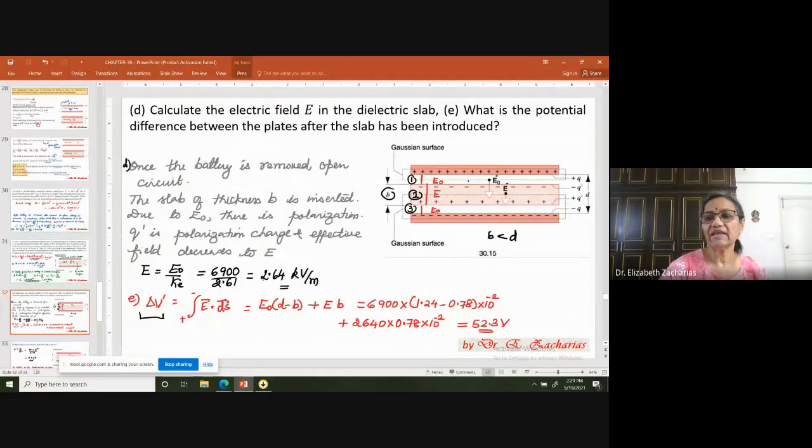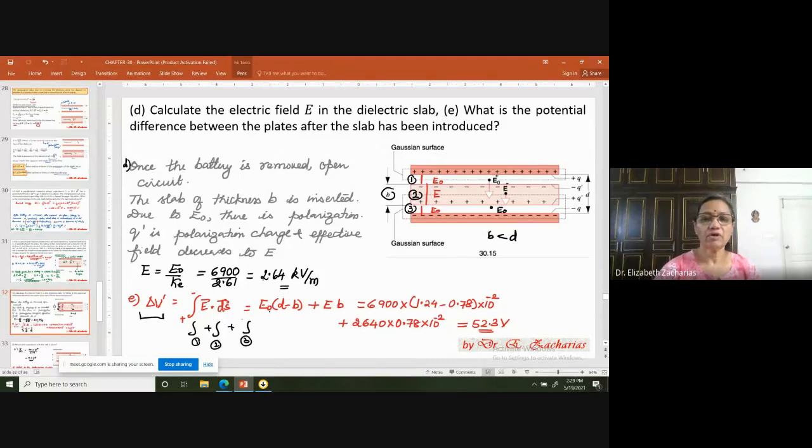In region 1, the electric field remains E naught because there is no dielectric there. In region 3 also, the electric field will be E naught only. Only in region 2, the electric field will be E because there is dielectric there. So you can divide this integral into three parts.